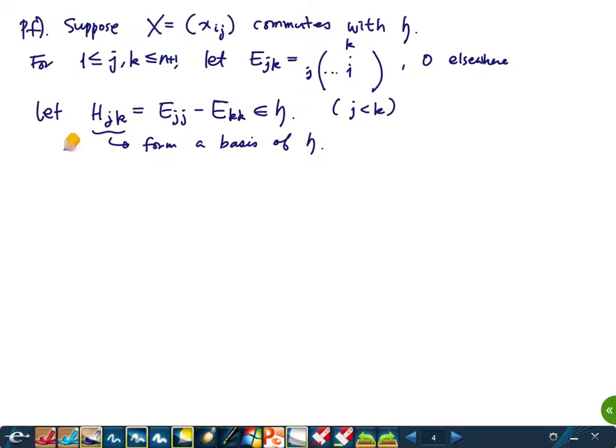Okay, then by this assumption, X commutes with everything. So in particular, X must commute with this. Then we can say that 0 is the commutator of H_jk and X, right? But now let's use the definition of this.